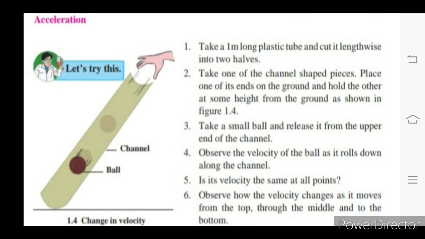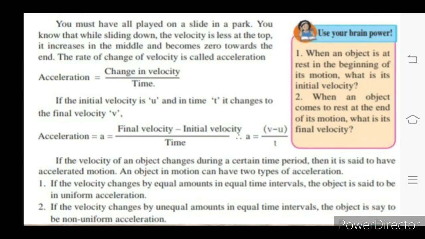Now how can we find the change in velocity? Change in velocity is calculated as final velocity minus initial velocity. Such a process, the rate of change of velocity, is called acceleration.